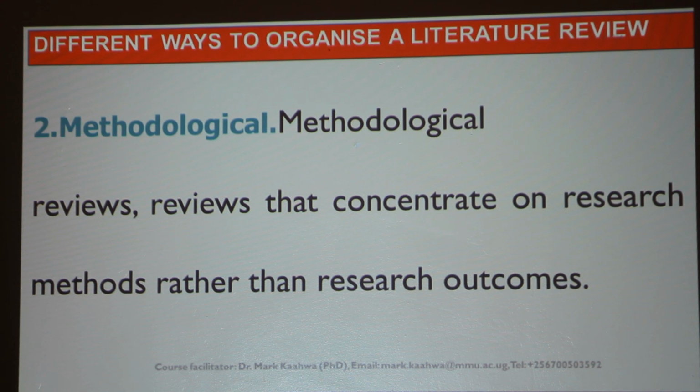So majorly, we say that when you are reviewing literature and trying to organize it, you will organize it under those three approaches: either the methodological approach, the thematic approach, or the chronological approach. But as I've told you, normally I prefer what we call the thematic approach.